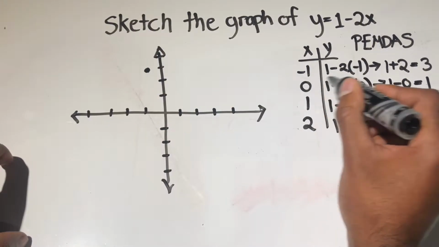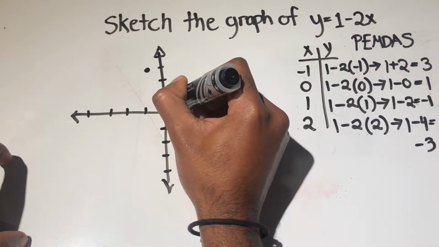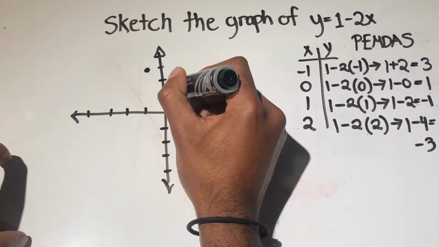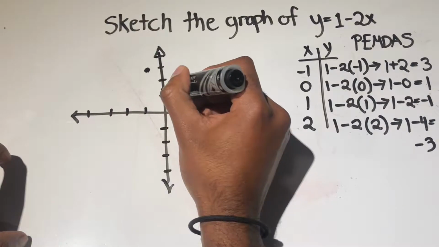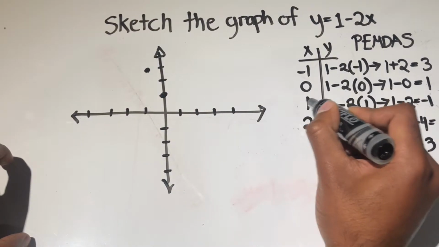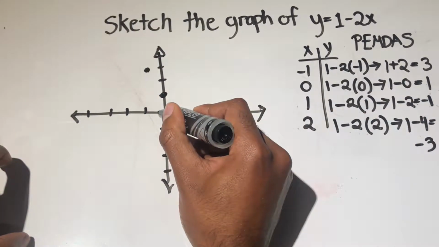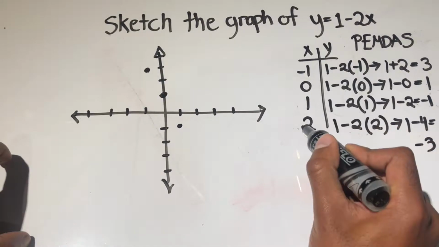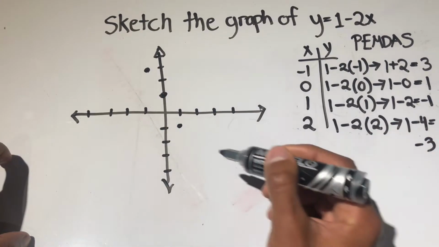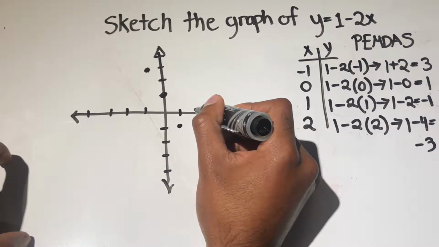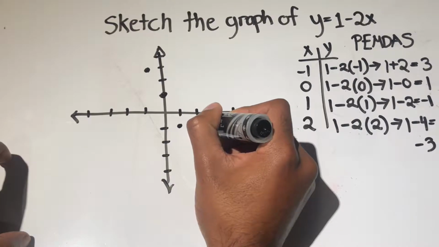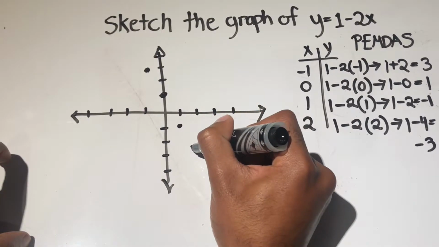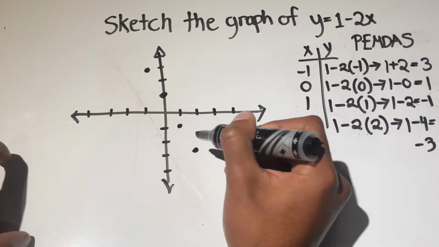Then we have 0 and 1, 0, then we go up 1 place. We have 1 and -1, which is just 1 and -1. Then we have 2 and -3, which is just 2 places in the x, and then down 3 places in the y.